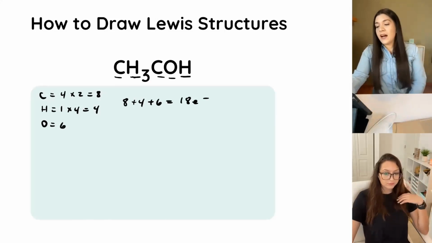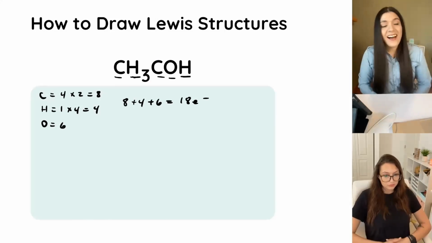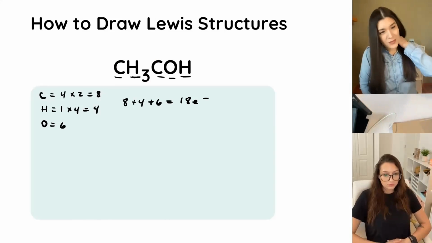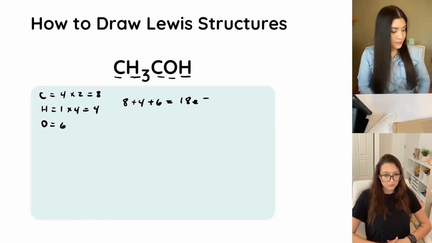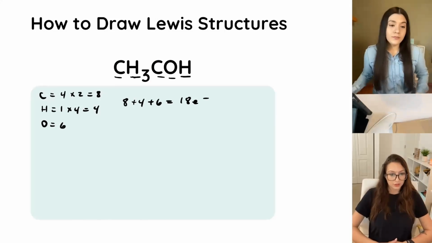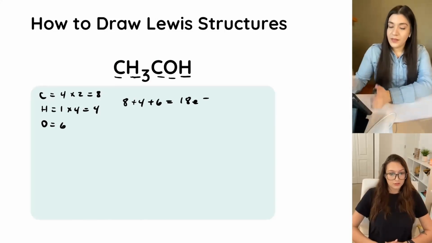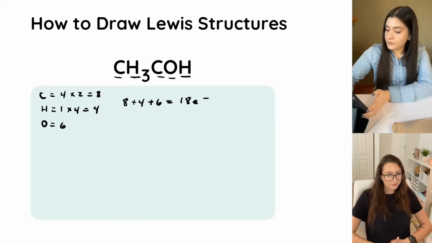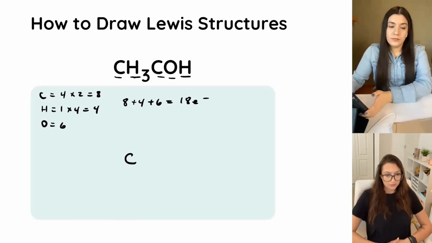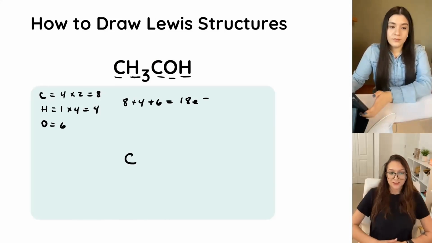And now looking at this, what are our central atoms? We're gonna have two central atoms. What do you think are the central atoms? Carbon is one of them. Good. Can we have carbon again?